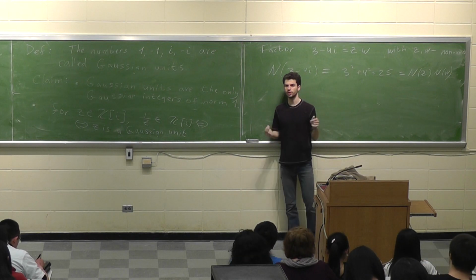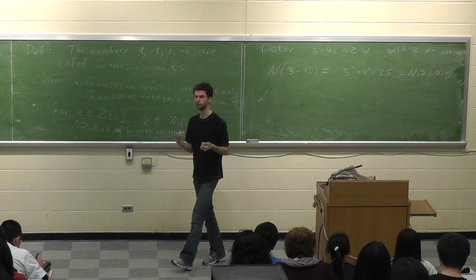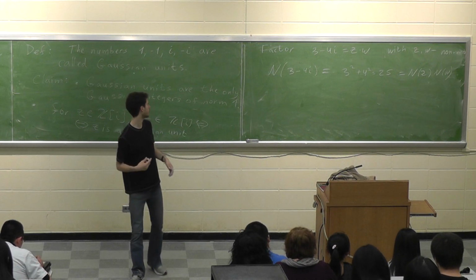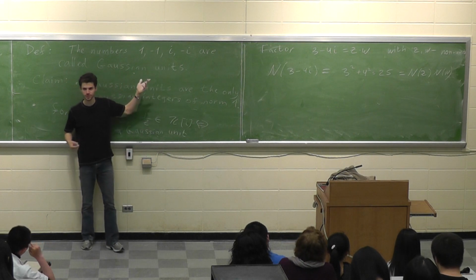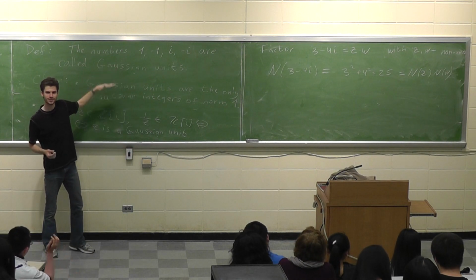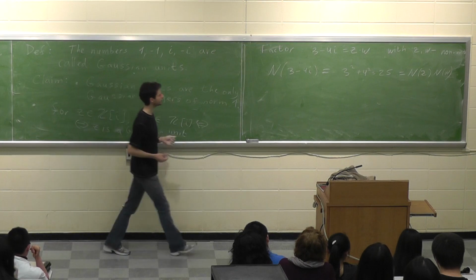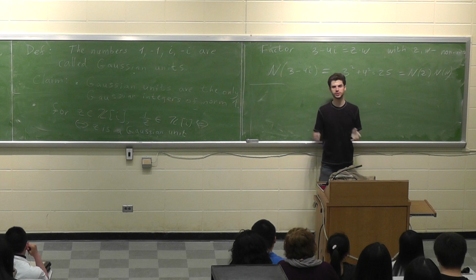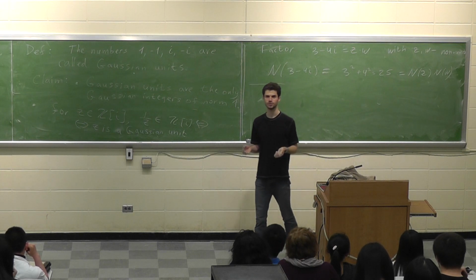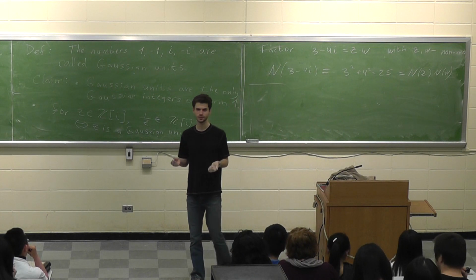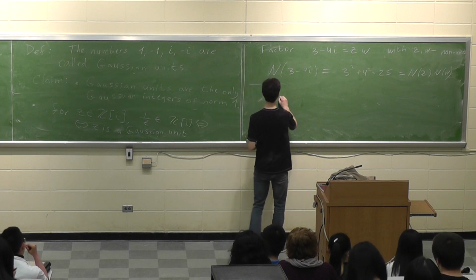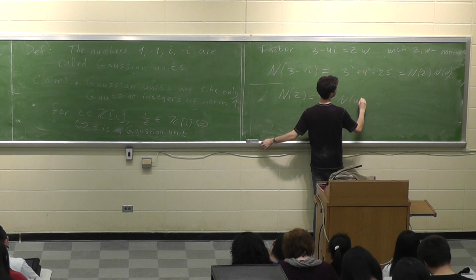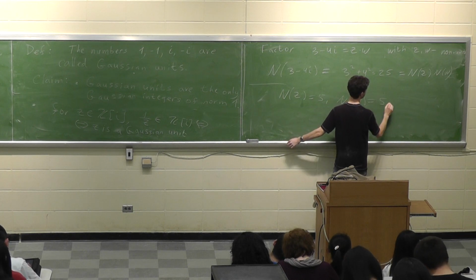If z and w are not units, I know that their norms are not equal to 1, because all the integers with norm 1 are units. So what are the options to write 25 as a product of two integers, none of them equal to 1? Only one option. The norm of z is equal to 5, and the norm of w is equal to 5.